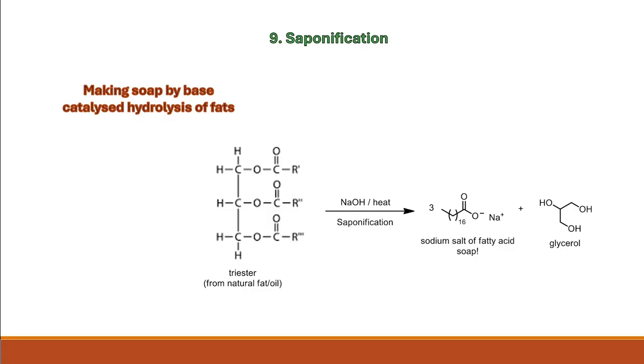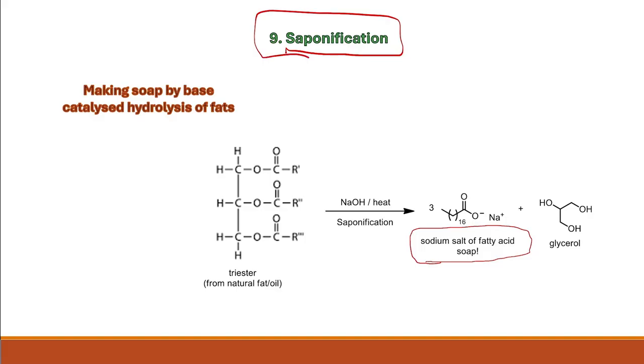This is base catalyzed, so it's going to make the sodium salt of the carboxylic acid. But the acid here is a long chain fatty acid. So the sodium salt of the fatty acid is the soap that we use. This is why this reaction is called saponification, and it's used to make soap. We have the glycerol, which is the alcohol generated from this hydrolysis, or saponification.